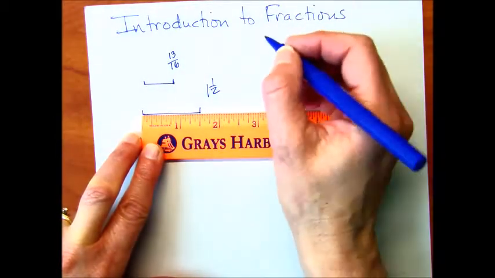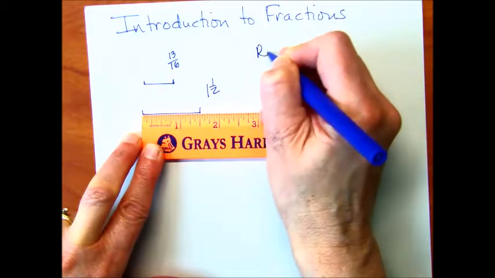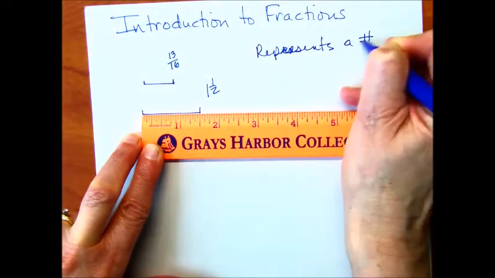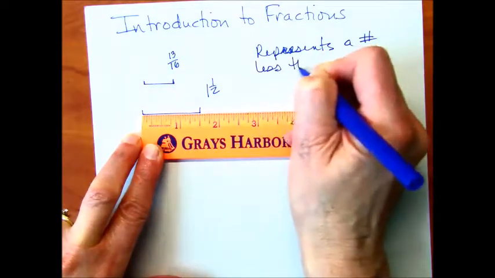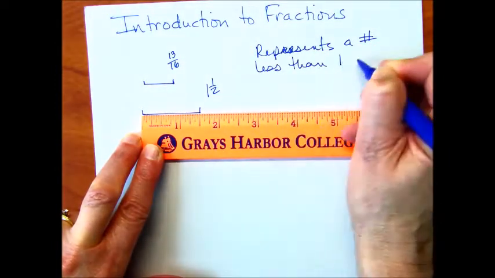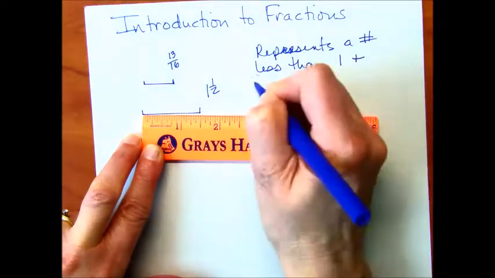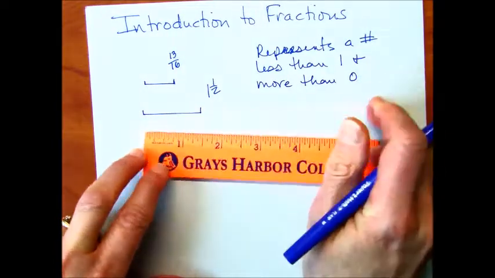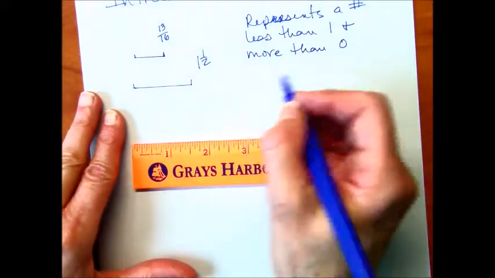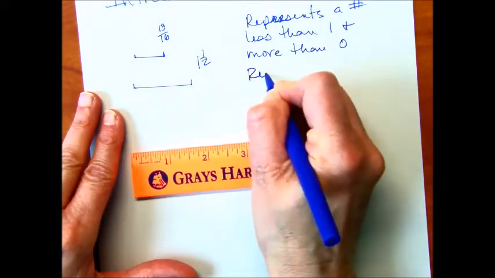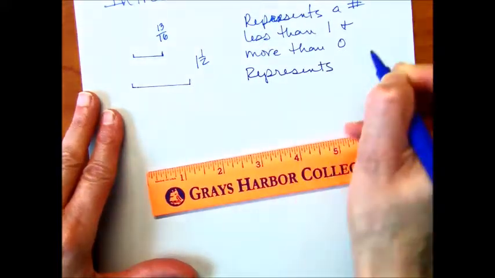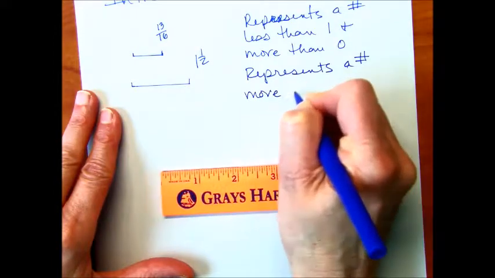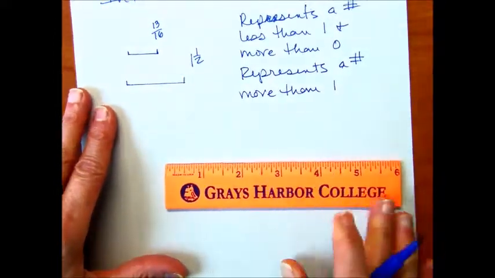So we can have a fraction that represents a number less than 1 and more than 0. Okay? We can also have a number that represents a number more than 1. Okay?